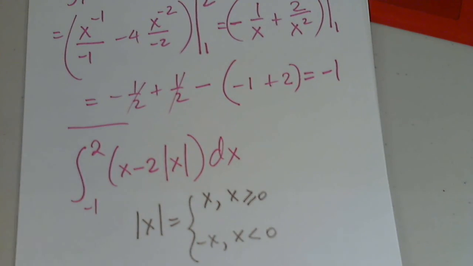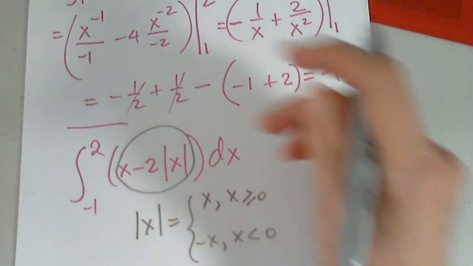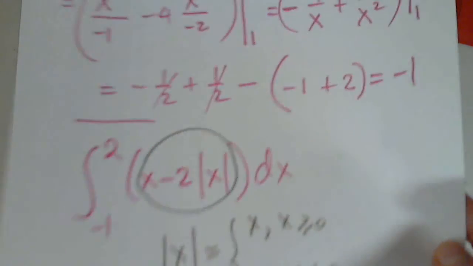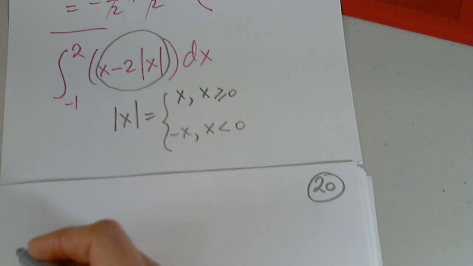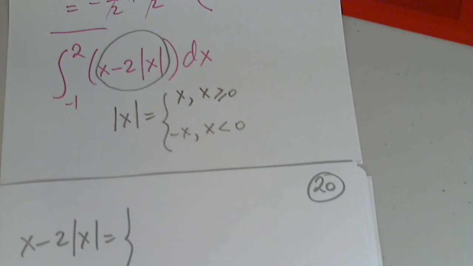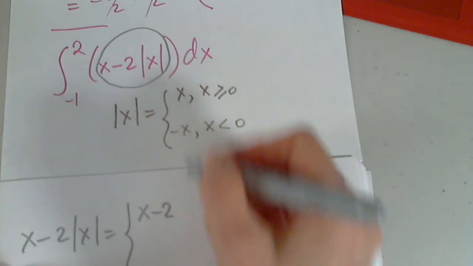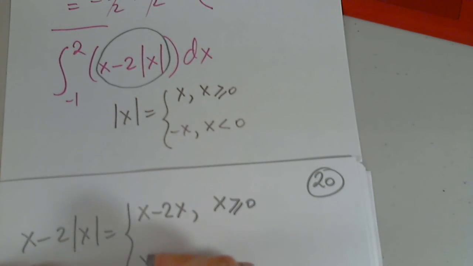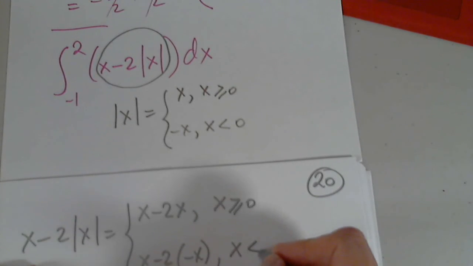So my next step is to simplify this function. x minus twice the absolute value of x then has also two options. x minus 2 times x for x greater than or equal to 0, and x minus 2 times negative x for x less than 0.